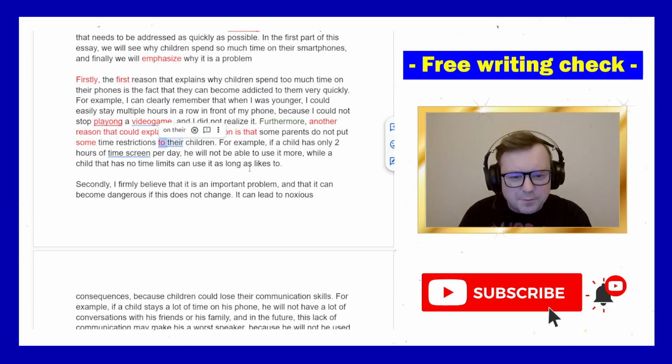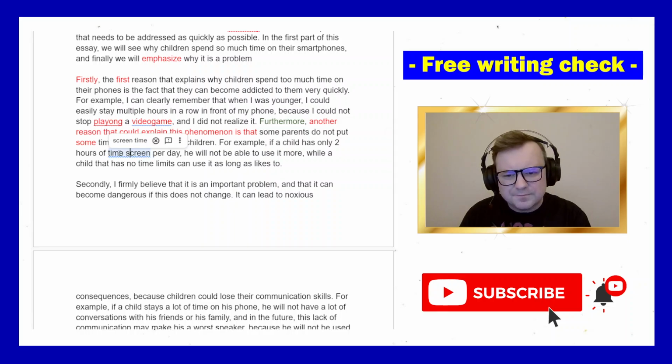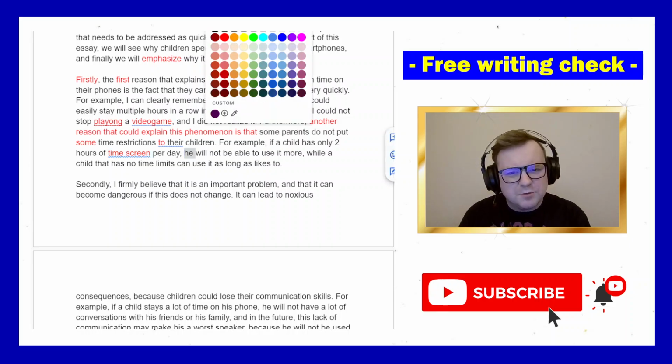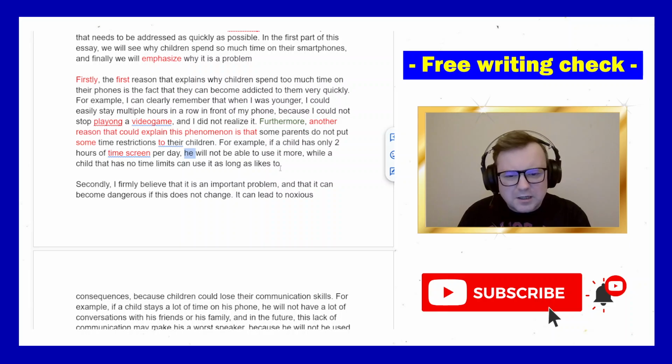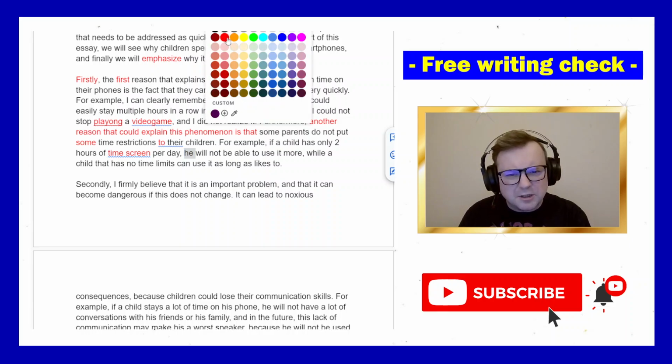Okay. For example, if a child has only 2 hours of time screen, I think they mean screen time. Per day. Why he? Children are not always male. Some children are female. So I'm not sure why he here.